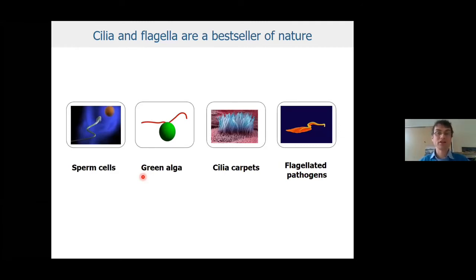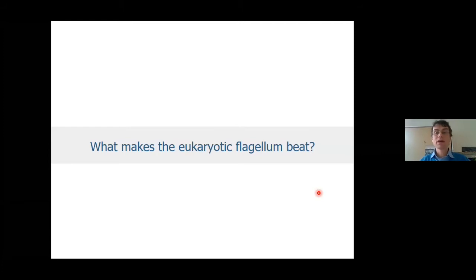Prerna showed examples of the green algae Chlamydomonas that swims with two flagella. She showed examples of cilia carpets that line the epithelia, for example, of our airways, where they clear debris and pathogens from our airways by their collective beating. But there are also eukaryotic pathogens, like those responsible for malaria or sleeping sickness, that propel in the bloodstream of the host with a eukaryotic flagellum. So what makes the eukaryotic flagellum beat in the first place?